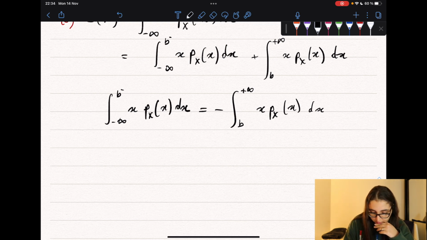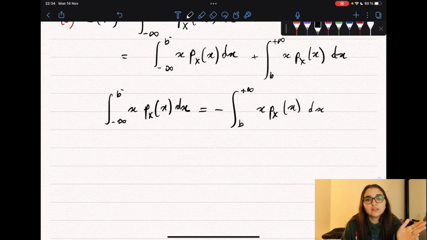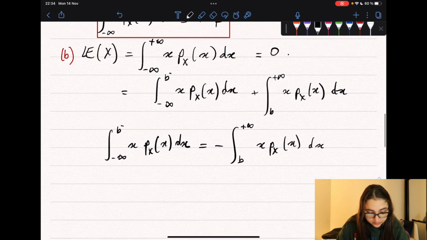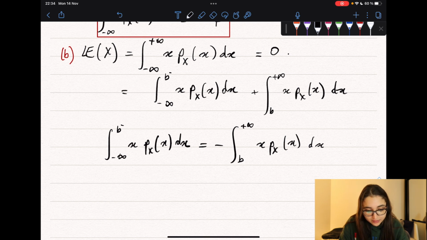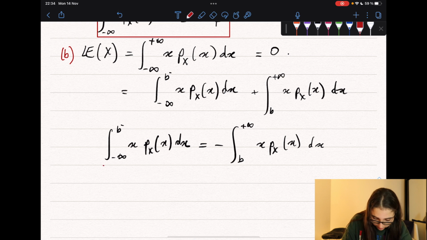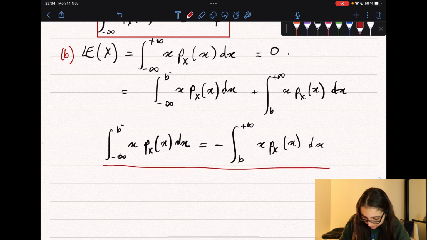So here we have just shown that, given the fact that x is a random variable with zero mean, it actually means that the expectation value E of x can be written this way, which allows us to reach this temporary conclusion right here.